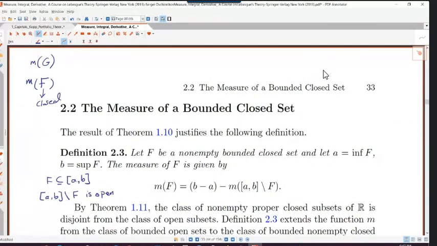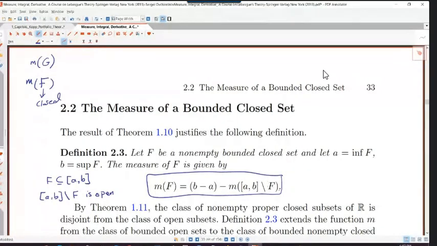Now, we define the measure of F to be the length of a to b, b minus a, minus the measure of this open set. Okay, the measure of F is b minus a minus the measure of this open set.